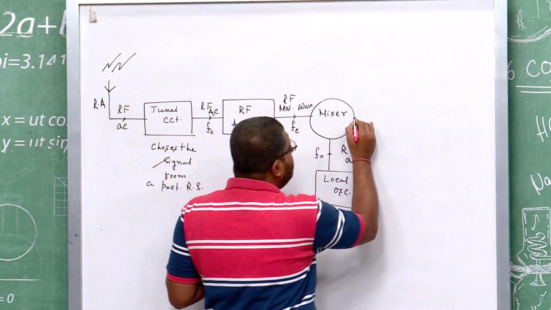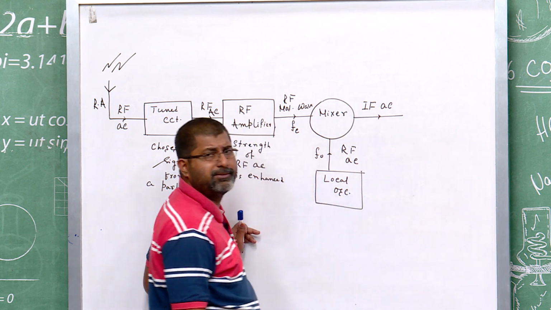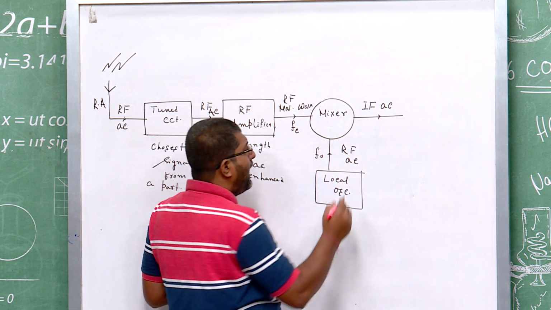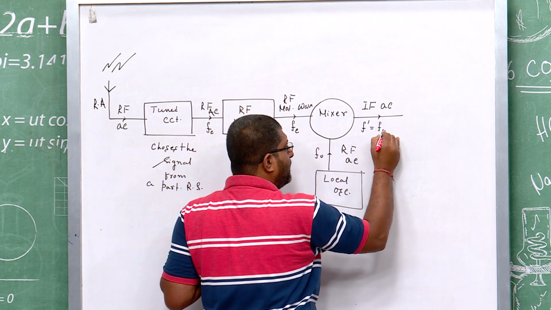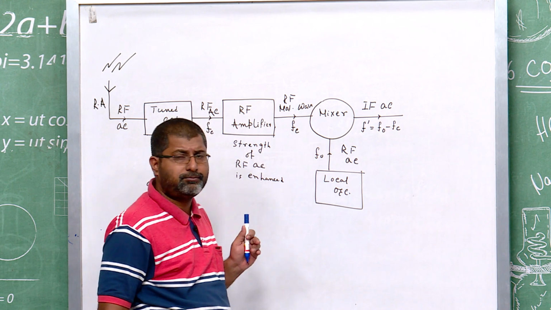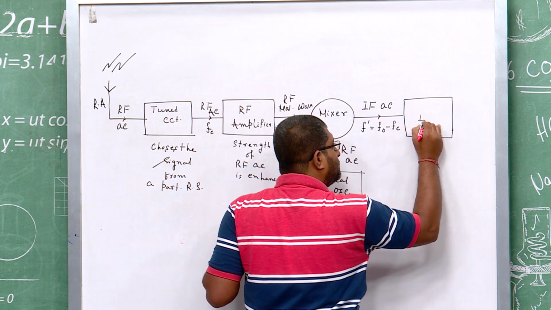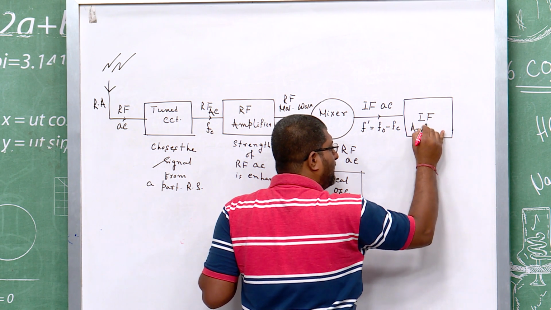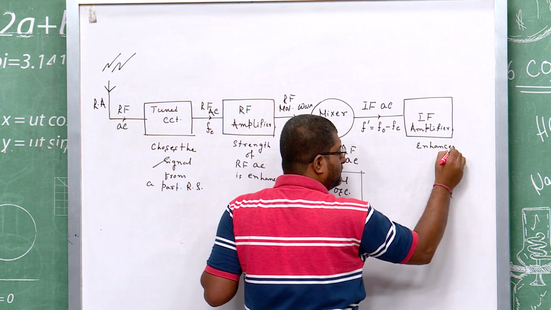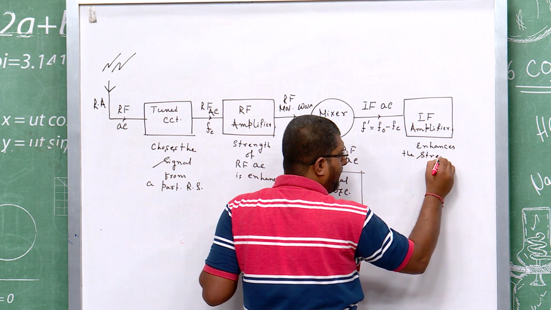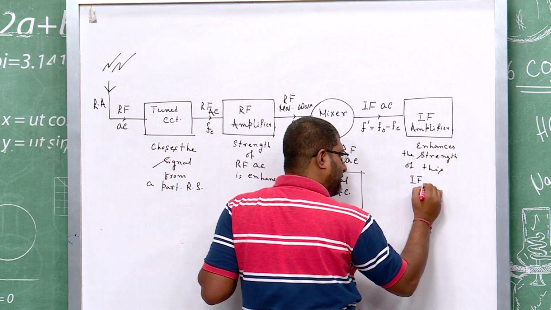This mixer circuit intermixes these two signals and creates an AC of intermediate frequency. Here, AC means a signal, and the frequency of this is F prime equal to F0 minus Fc. This signal is now fed to an IF amplifier, which enhances the strength of this IF signal.